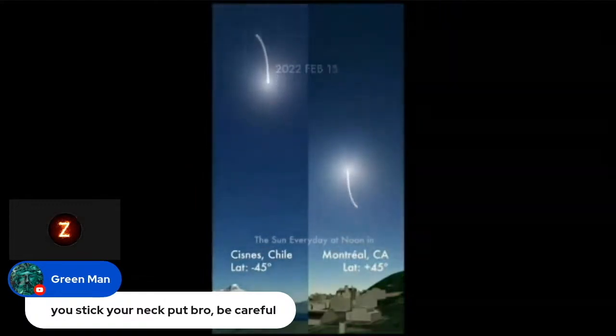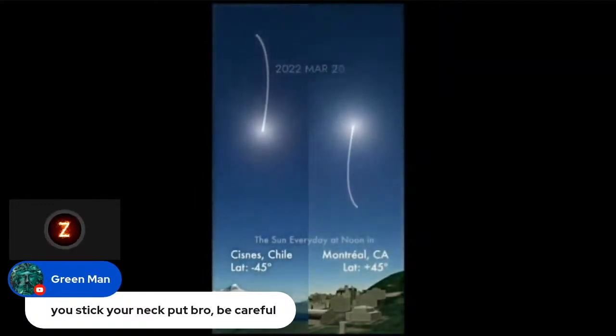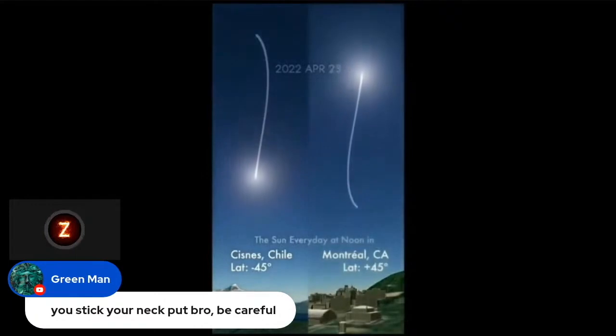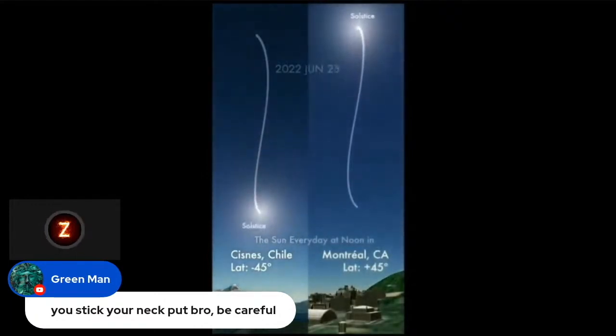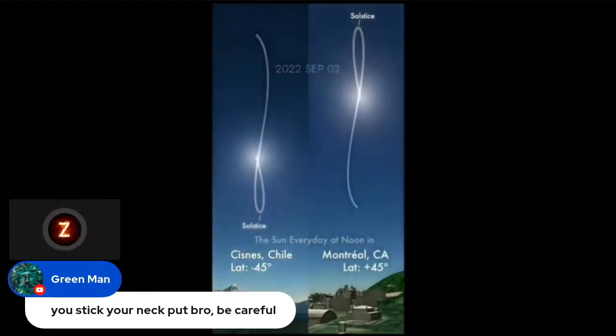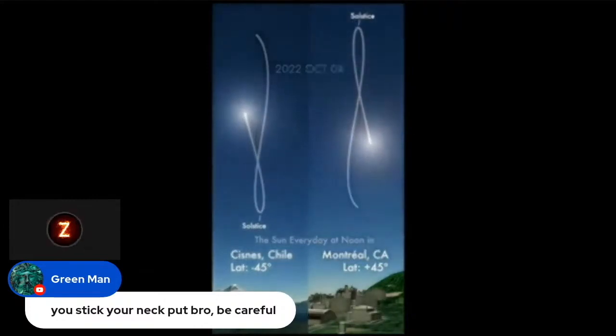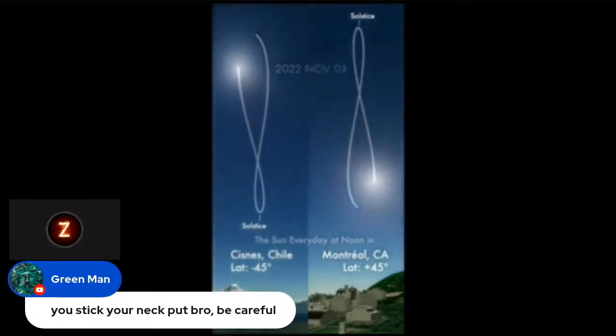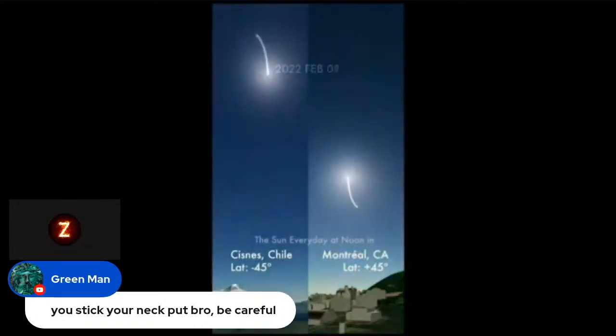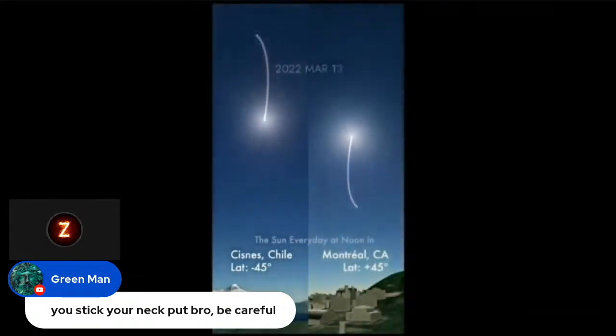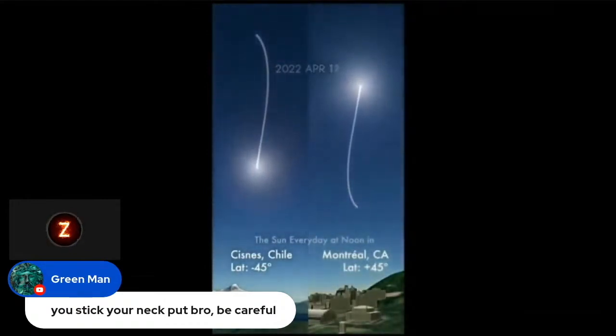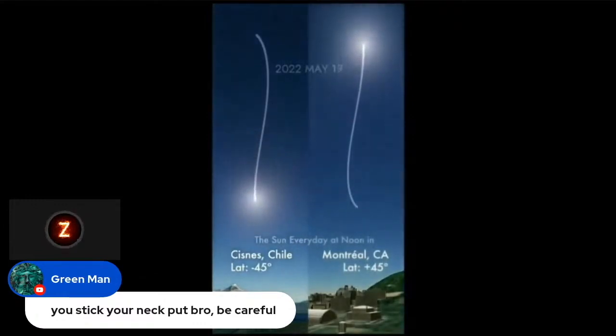Let me continue. The east-west component results from the non-uniform rate of change of the sun's right ascension, governed by the combined effects of the Earth's axial tilt and its orbital eccentricity. Oh, got it. So when Z is trying to point out to you what we see on the screen, that although if you're telling me the seasons are due to Earth's tilt, changes in the sky, the sun's angles due to Earth tilt, why is it different in the northern hemisphere and the southern hemisphere?